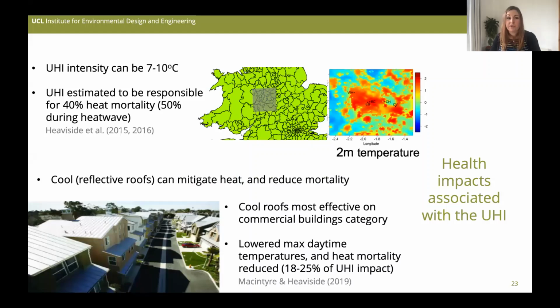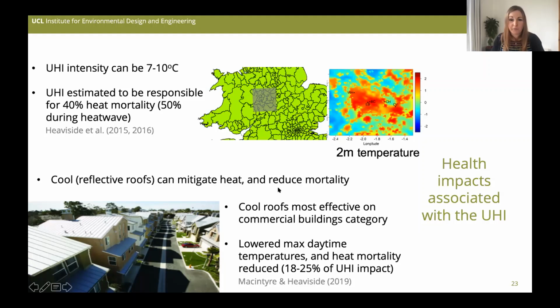So we're also interested in potentially what we can do to mitigate this kind of heat. What we did was we ran some simulations in our model where we implemented what's known as cool roofs. These are roofs that are made of very highly reflective surfaces to reflect solar energy.